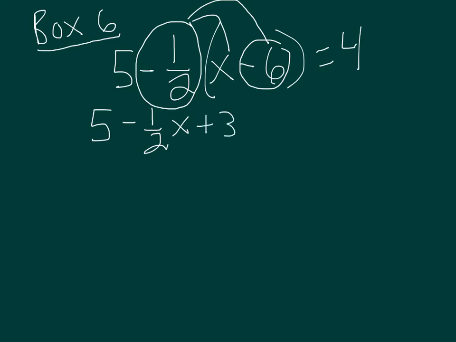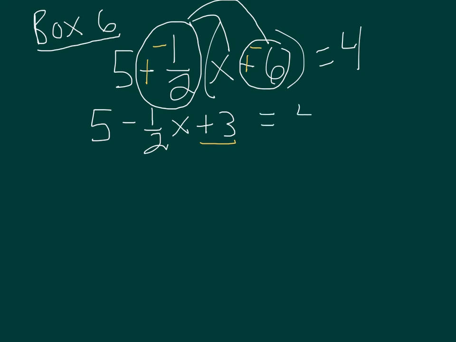Now, some of your teachers in the past may have had you do this to make it a little easier. You don't necessarily have to do that in here. If that makes it easier to make sure you get a positive 3 right here, then that's fine, but I don't make you do that. It's up to you.